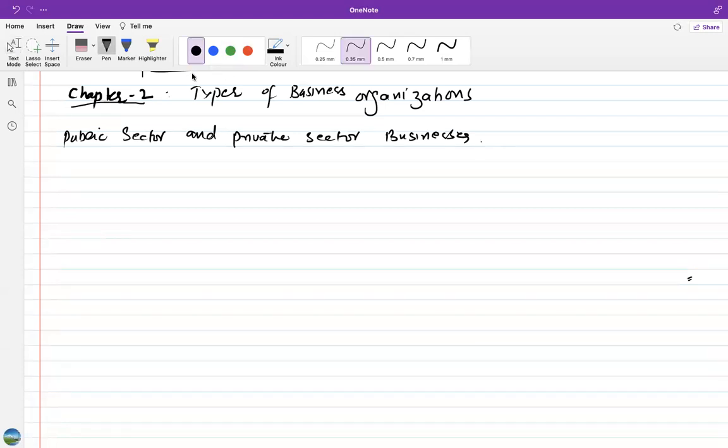Public sector businesses are those businesses that are owned and controlled by the government, the state.